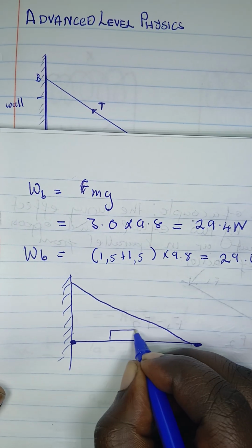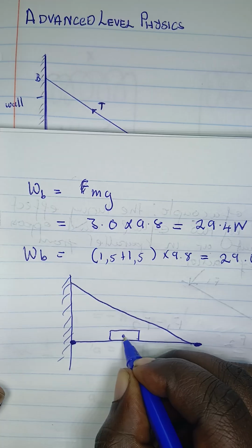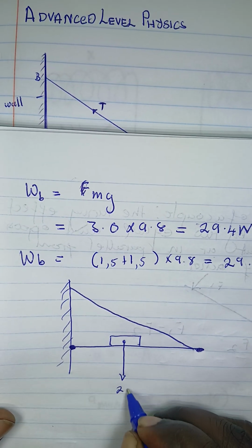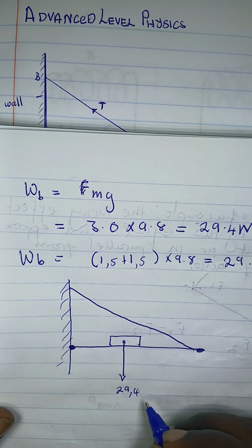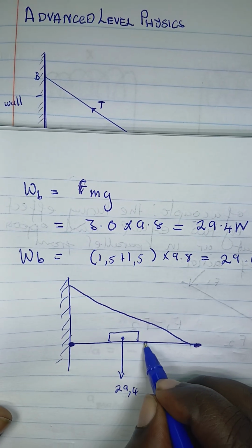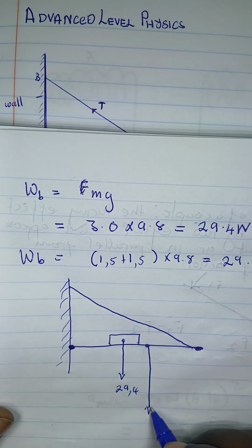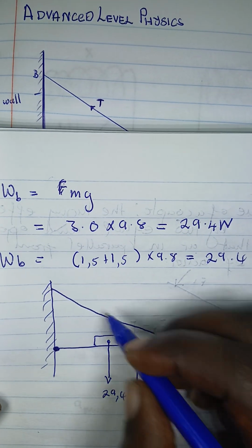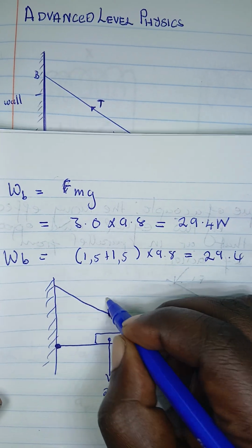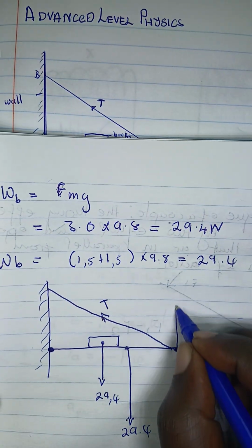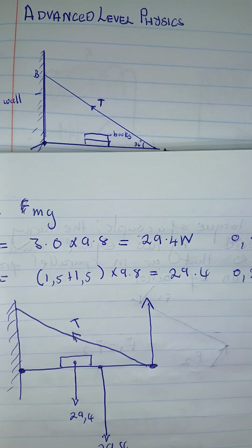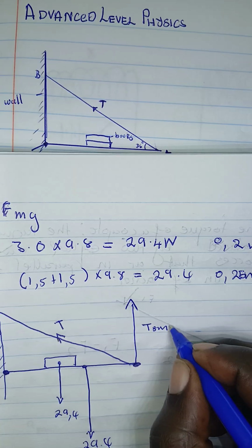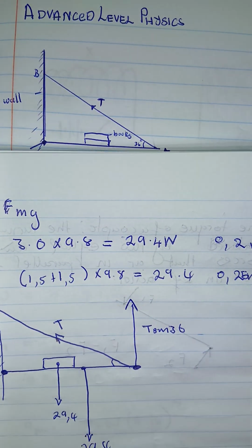The books are going to be here with their center of mass, and here is the center of the board, and there is tension T. The component of tension that goes in this direction is T sine 36, since this is the angle here.